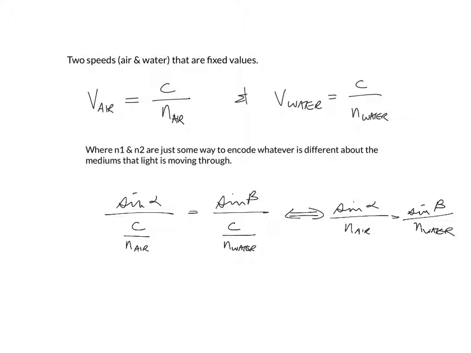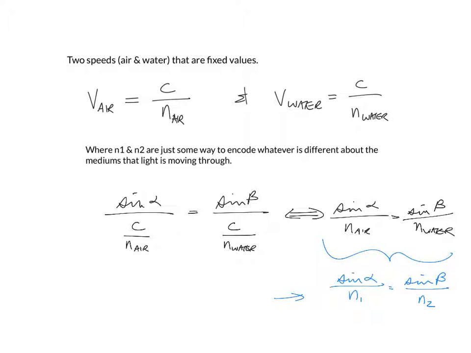Now, what we can do is just make it general and say I have this alpha angle and some index 1, and the sine of some other angle is going to be due to this index 2.